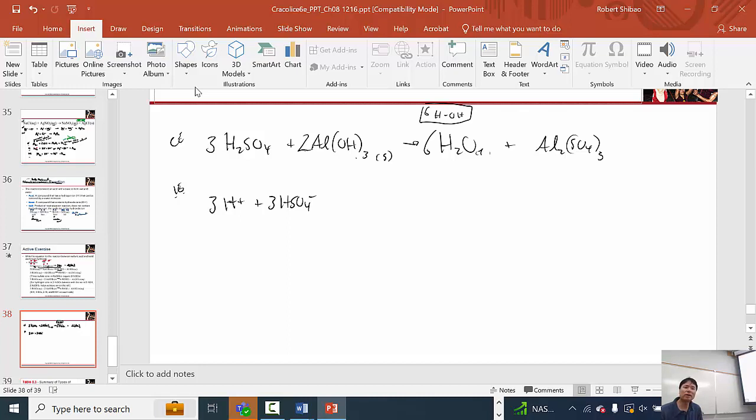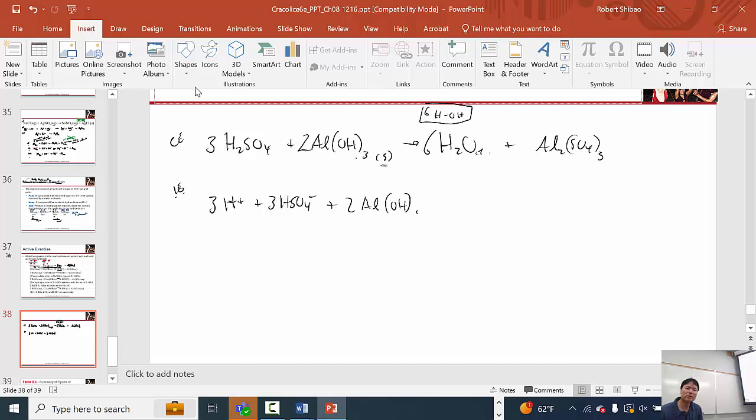Why don't we completely break off the H's? We have 2 H's. Why don't we go 6 H pluses and 1 SO4 2 minus? Yeah, it's stubborn, right. It doesn't break off. That's a good way of thinking about it. Is this a soluble or insoluble salt? Insoluble. Only soluble salts we break up.